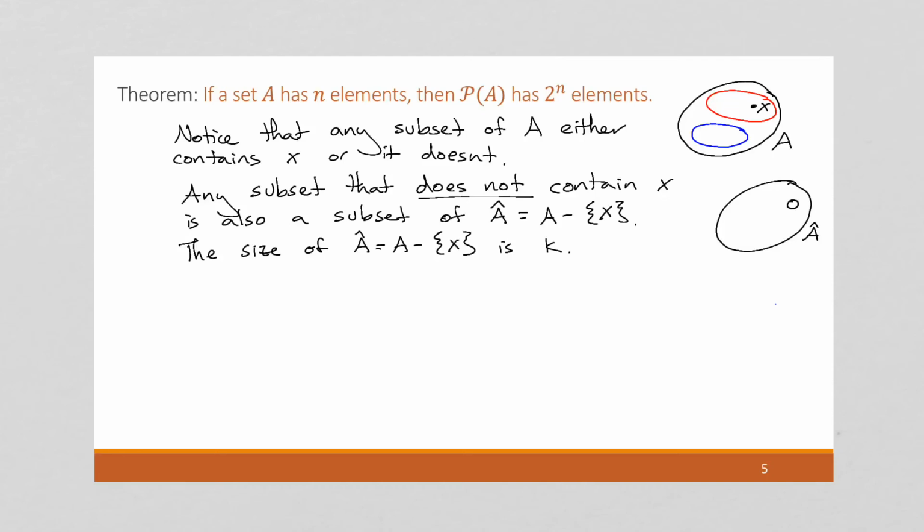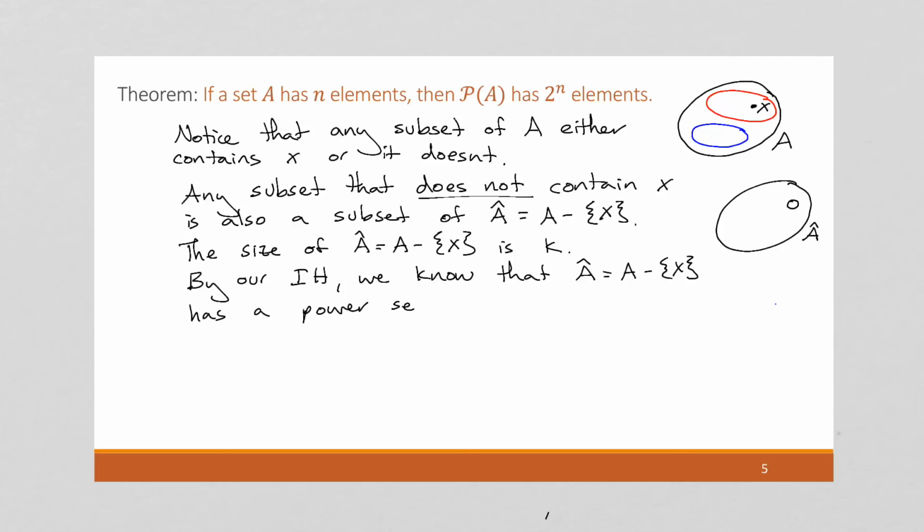And by our inductive hypothesis, I know what to do about a set that has k elements. I know that A hat, which is equal to A minus the set containing X, has a power set with 2 to the k elements.